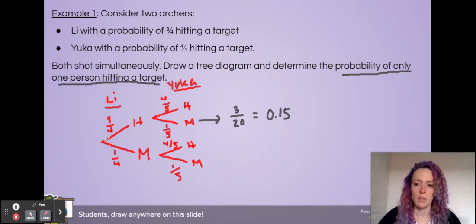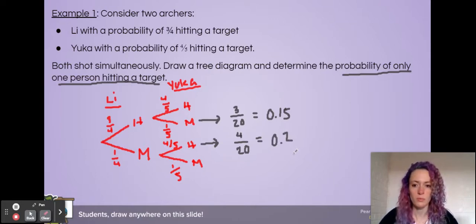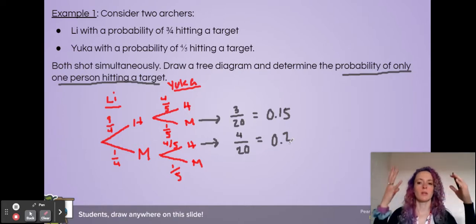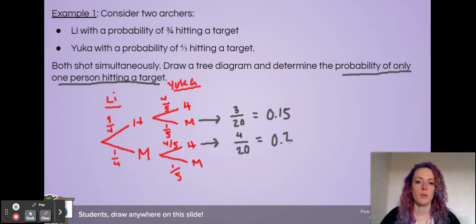On the flip side, Lee could miss and Yuka could hit. So 1/4 times 4/5 could be 4/20. I could simplify that, but knowing what's coming, I'm going to leave it. Or the decimal equivalent of 0.2. And so again, since we're looking at multiple branches here for our probability, we're going to take those individual branch probabilities and add them up.